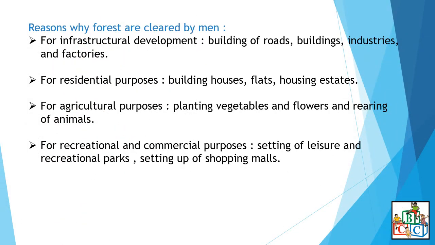So here are reasons why the forests are cleared by men: for infrastructural development to build roads, buildings, industries and factories; for residential purposes, residential meaning settlement, meaning building of houses, flats and housing estates; for agricultural purposes such as planting vegetables and other crops, also rearing of animals; for recreational and commercial purposes, you have setting up of leisure recreational parks and shopping malls.